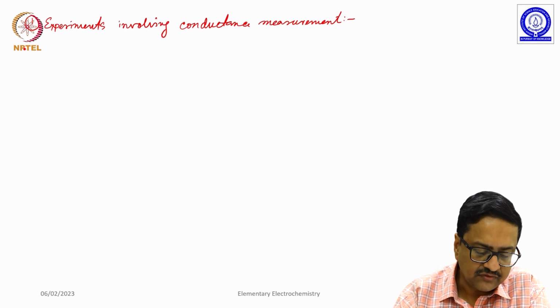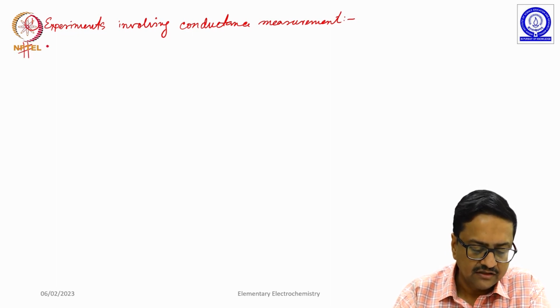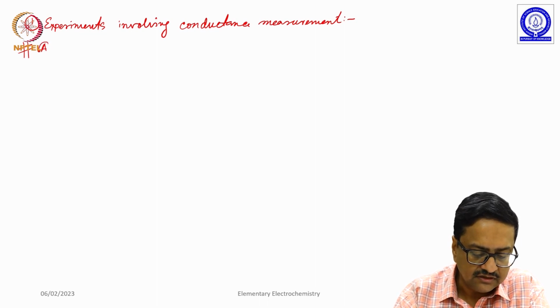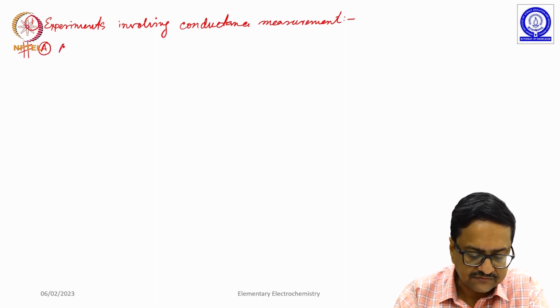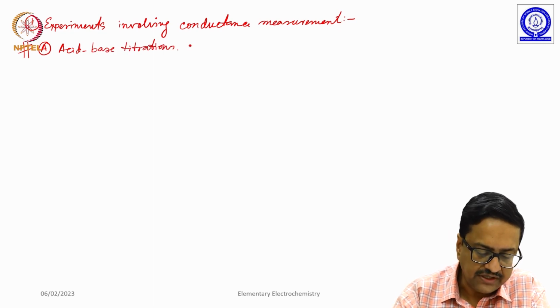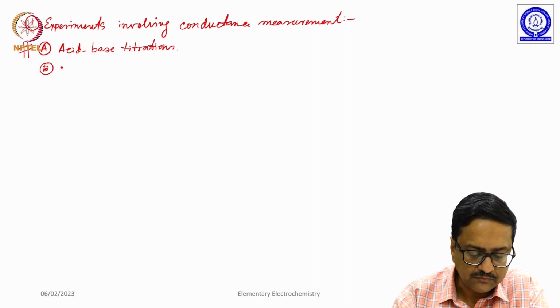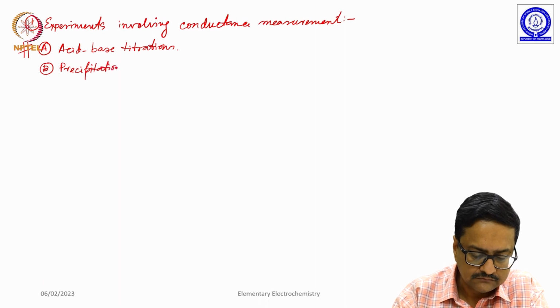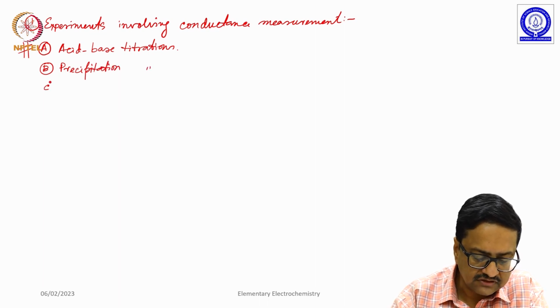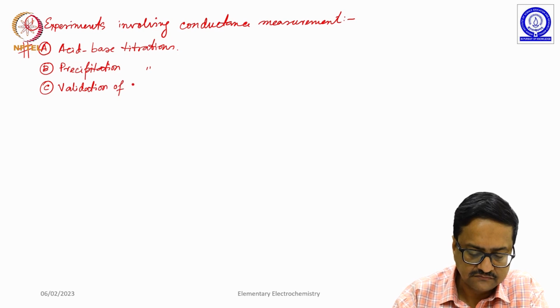So the experiments that we want to theoretically understand are these different types of A, acid-base titrations, B, precipitation titrations, and C, validation of Ostwald's dilution law.